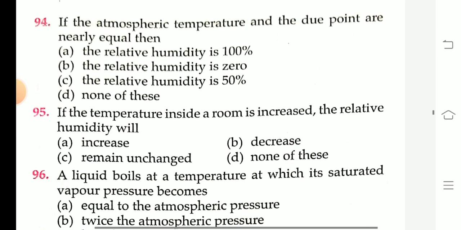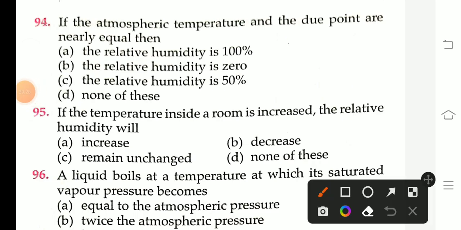Next, if the atmospheric temperature and the dew point are nearly equal, then. Right answer will be option A. The relative humidity is 100%.